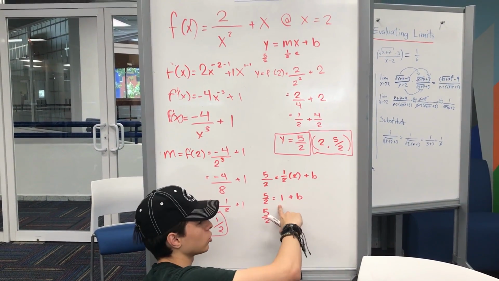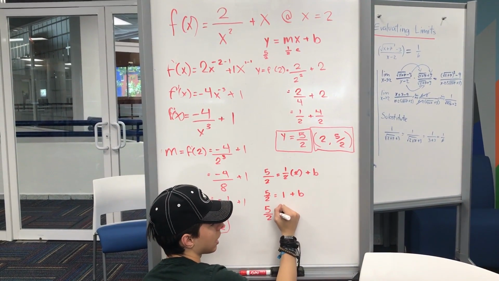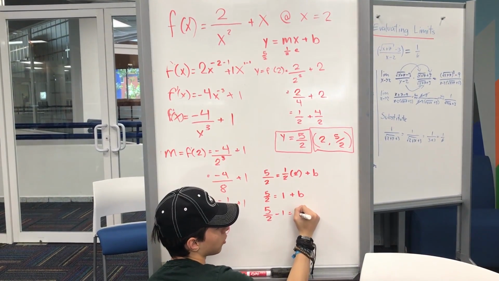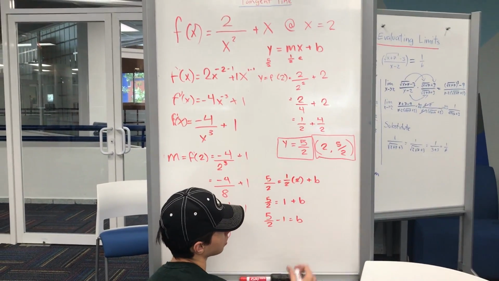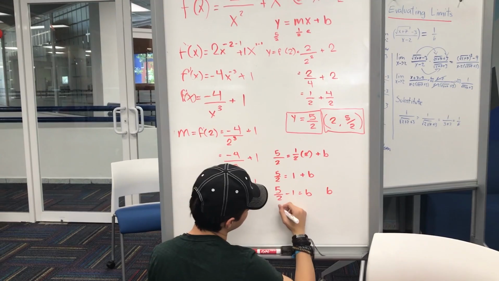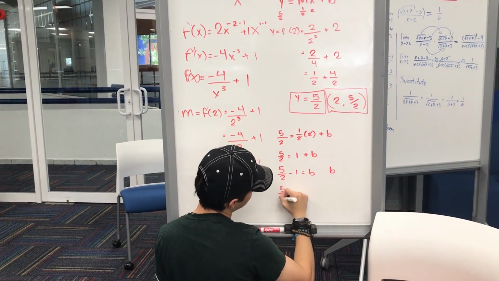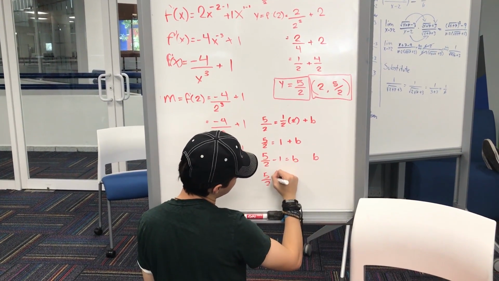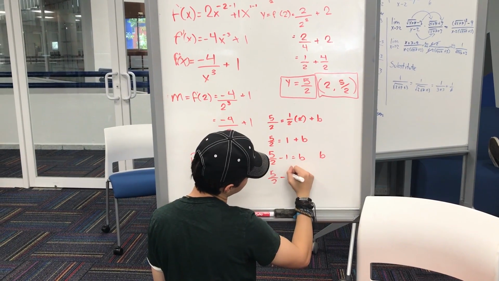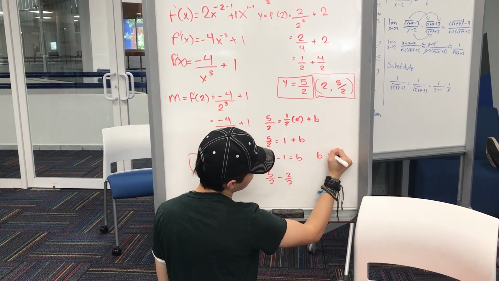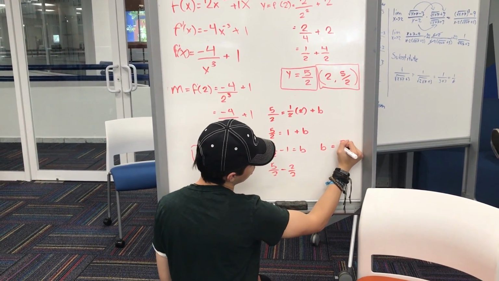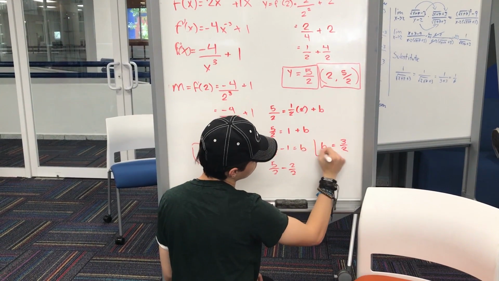We'll send the 1 to the other side as a negative 1, so we can isolate b. This is equivalent to 5 over 2 minus 2 over 2, and b equals 3 over 2.